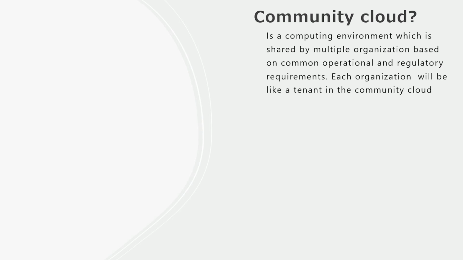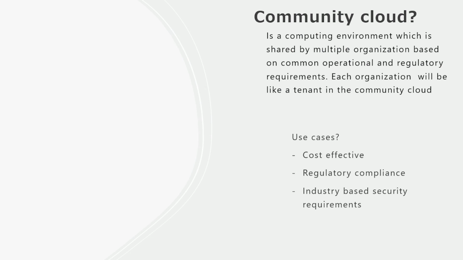For example, the community cloud is like a multi-tenant environment. On that, every organization will be an individual tenant on the common community cloud. However, the common community cloud will share common operational and regulatory requirements. That's very important. You can say it is like a private version of hybrid cloud.